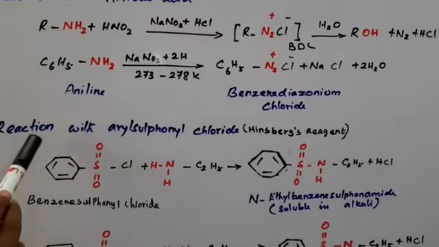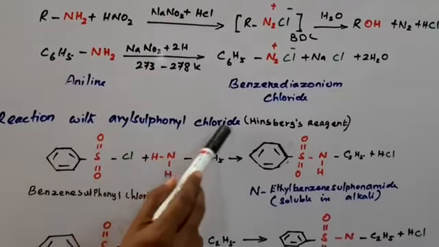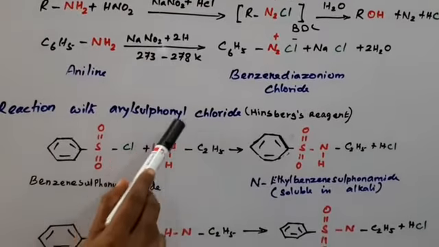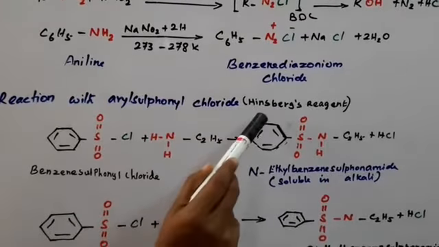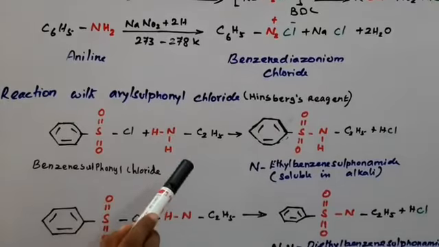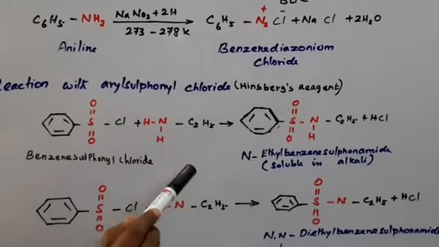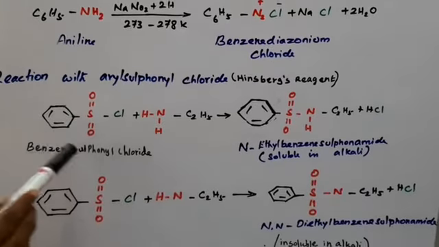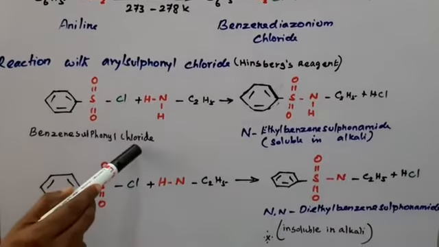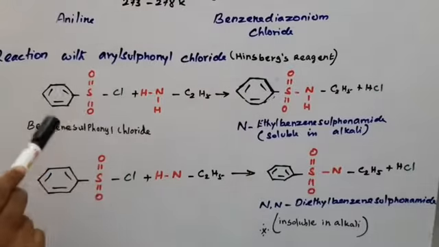Okay, next one, reaction with aryl sulfonyl chloride. Students, this is the Hinsberg reagent test. The Hinsberg reagent test is used to differentiate primary, secondary and tertiary amines. Benzene sulfonyl chloride is nothing but the Hinsberg reagent.